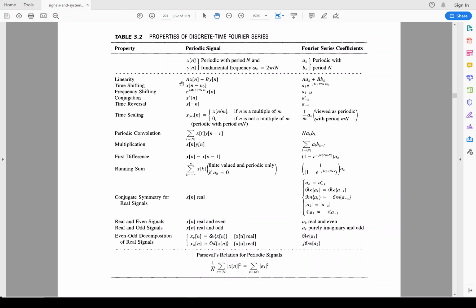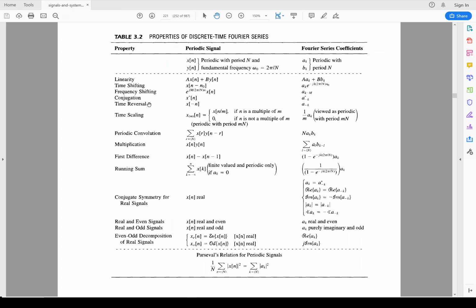Here's the linearity property: some constant times x plus some constant times y has Fourier series coefficients that constant times a plus that constant times b, meaning you can take it piece by piece. Here's the time shifting property, which we just derived: x[n - n0] has Fourier series coefficients a_k e^(-jk(2 pi/N) n0).